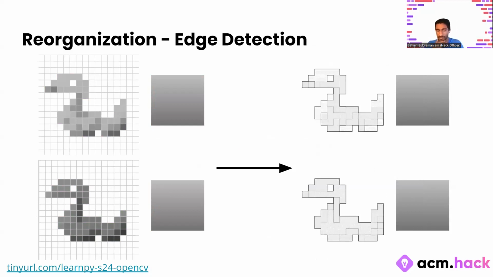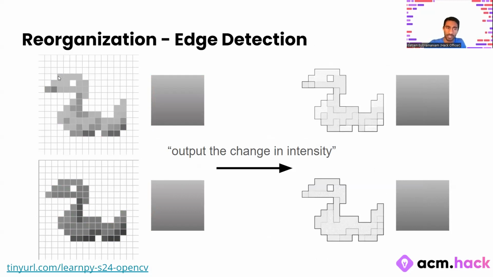Next, once we have a grayscale image, we'll want to perform edge detection. Basically, we look at each pixel and the pixel before it, either in the vertical or horizontal direction, and check what the change in intensity value was.